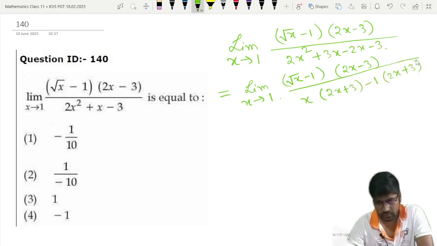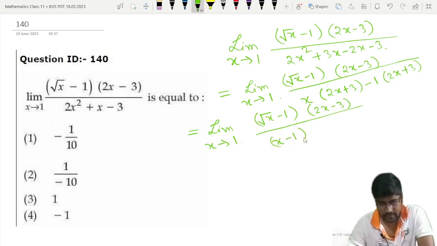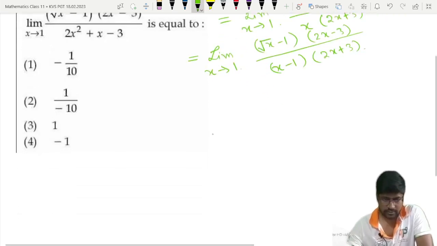So then it will be equal to limit x tends to 1, root x minus 1 into 2x minus 3 divided by x minus 1 into 2x plus 3. Up to this it is okay, I think, for everyone.